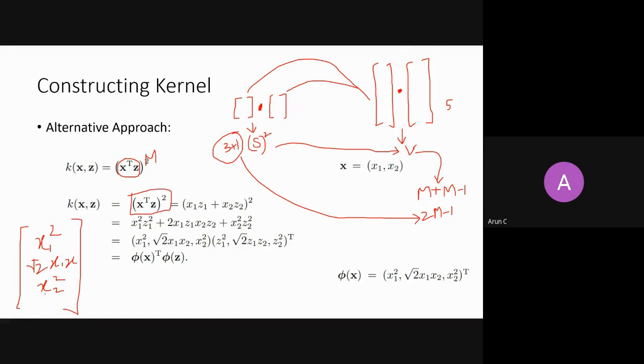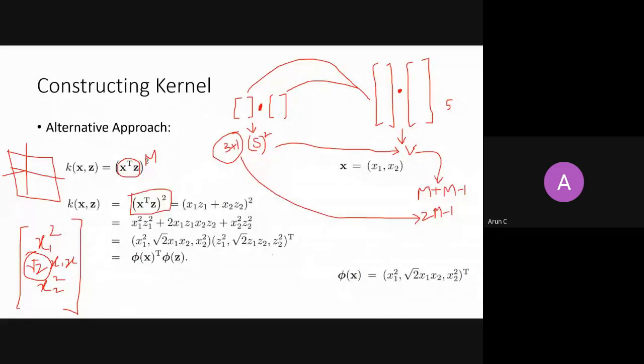It is a three-dimensional space, but you can see that this whole space will not be covered because you have some constraints here, and there are some specific forms. So it will be a subspace in this three dimension, maybe some plane kind of thing. But eventually we will see that this will work.